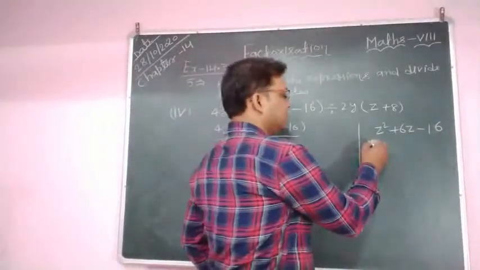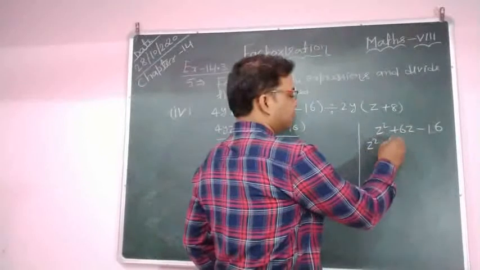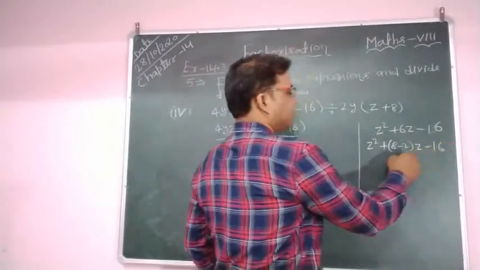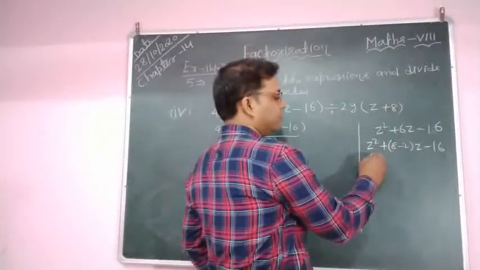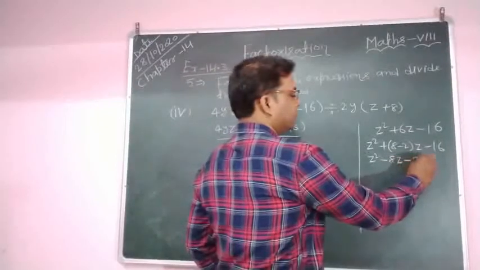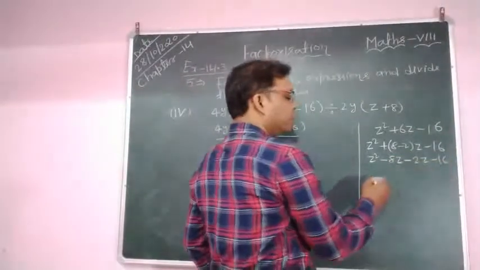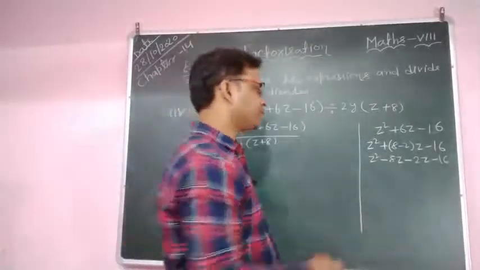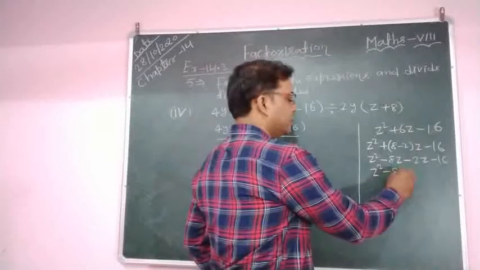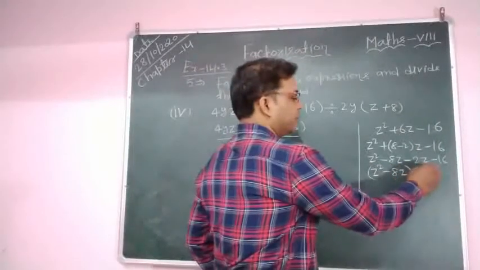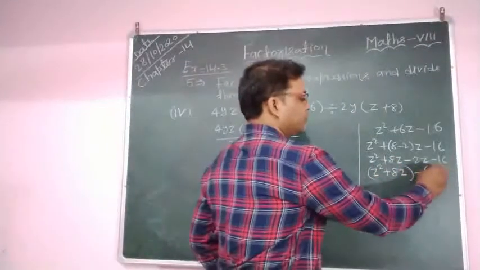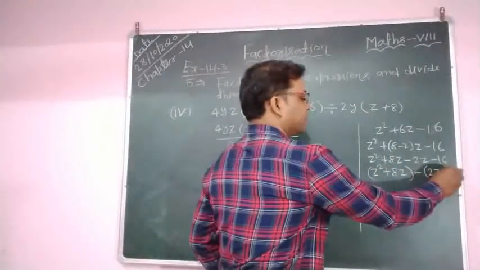So you can write here plus 8 minus 2 into z, minus 16. It becomes 6. So here z square plus 8z minus 2z minus 16. When we group it, then we obtain z square plus 8z, minus 2z minus 16.